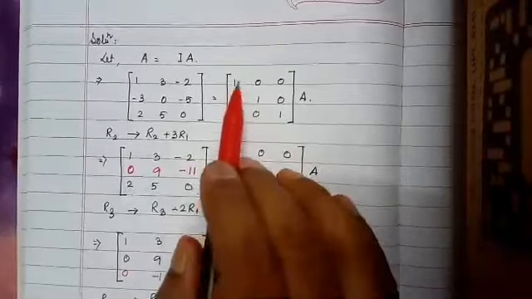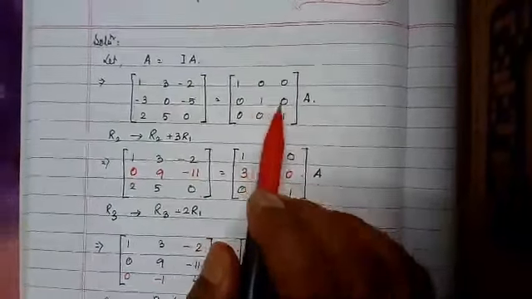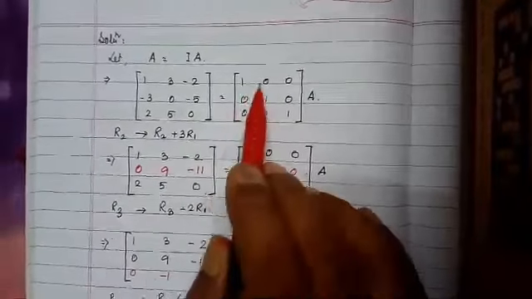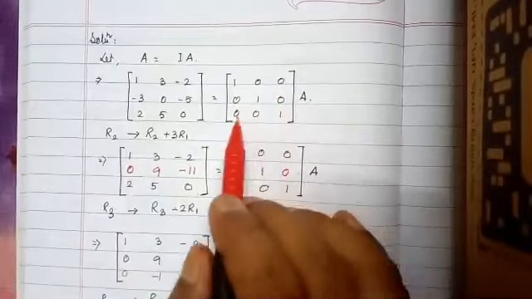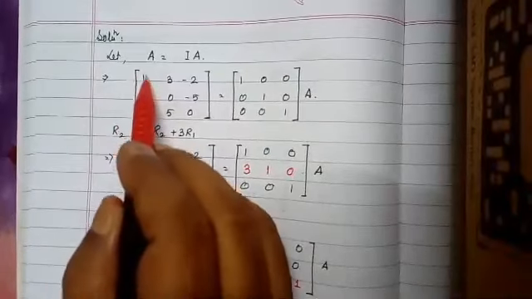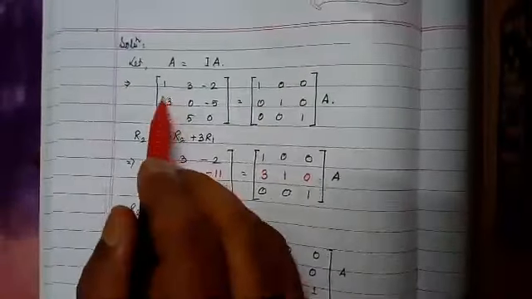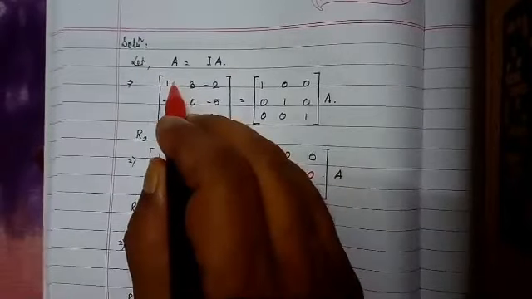And this is the identity matrix of order 3 by 3, which is 1 0 0, 0 1 0, 0 0 1, into A. Now first we have seen this is 1, so no operation is required for this one. We have to make this one 0. What pattern are we going to follow? This pattern.